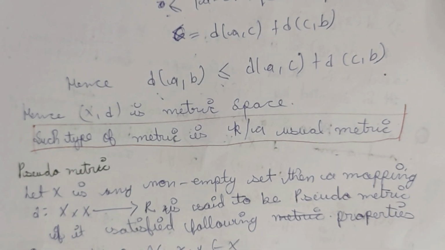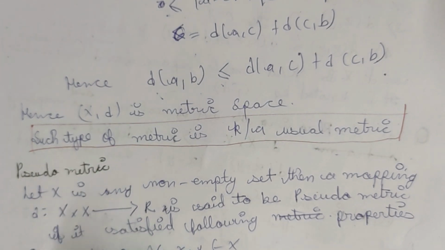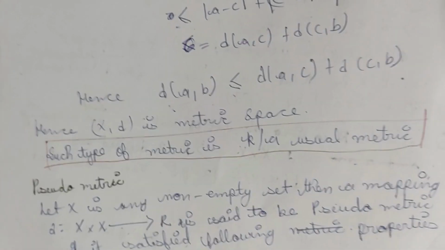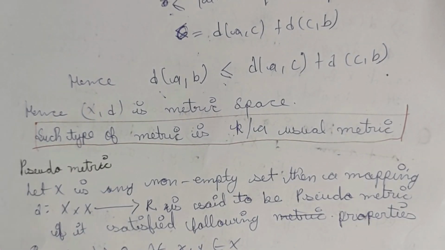Here, if d(x,y) is 0 then x equals y, but if x equals y, it does not mean that d(x,y) equals 0. So this is only a necessary condition, but earlier it was a necessary as well as a sufficient condition.